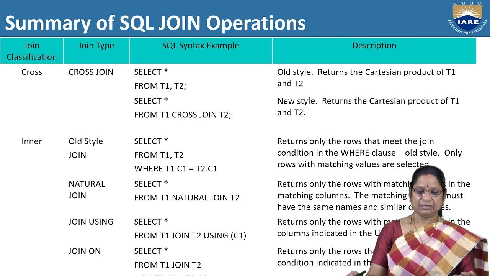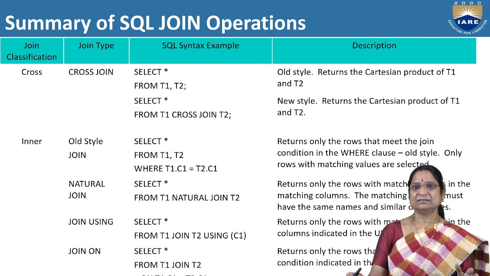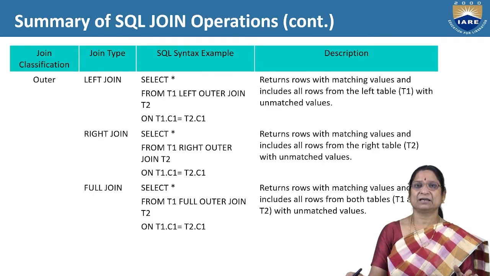Inner join, old style join, natural join, join using, join on: various formats are discussed. Outer join also, in the old form we will use the plus symbol. In the new form we will use left outer join, right outer join, and full outer join words by using the on clause.